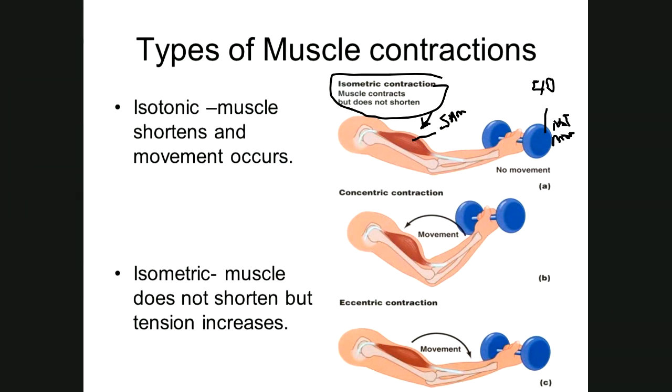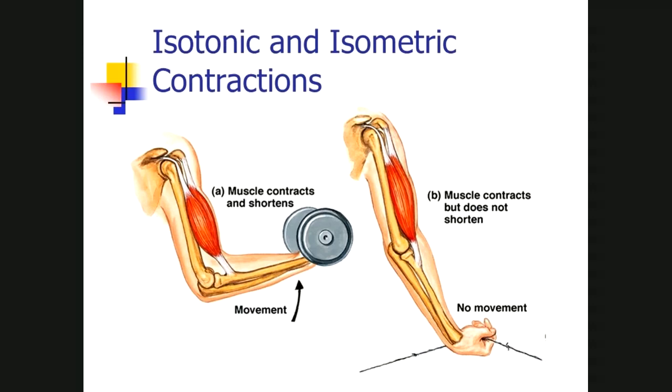So one more time, isometric means the muscle does not shorten. Tension goes up, but the muscle is not going to shorten. So look, I'm pulling on this wire, whatever it is. There's a lot of weight here, hundreds of pounds. I can't lift hundreds of pounds, but that doesn't mean that my muscles can't try.